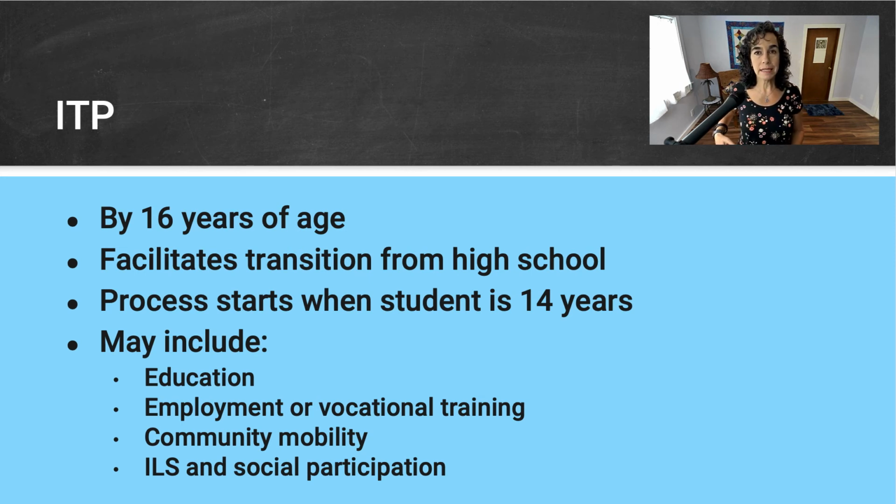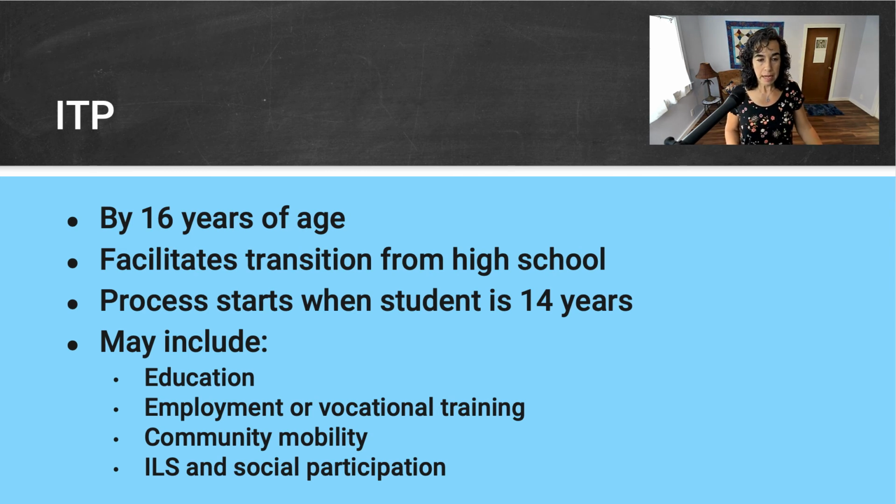So by 16, we actually have this plan, this legal document, but when a student is 14 years old, we want to start thinking, what do we think? What do we think about their ability to function independently? Where do we think they're going? So we start talking about it really early, and then we can effect some change or direct our efforts as necessary.